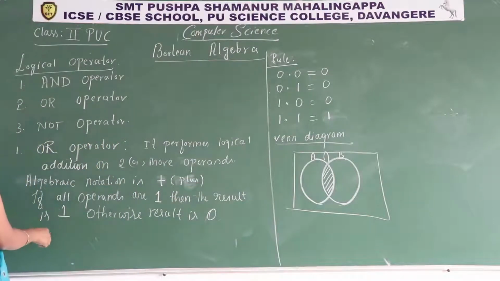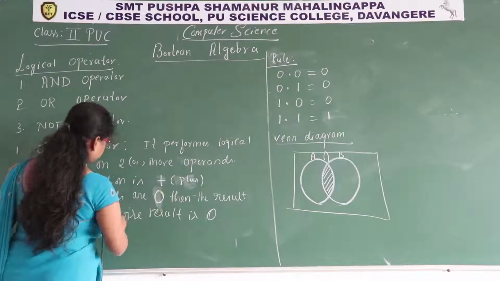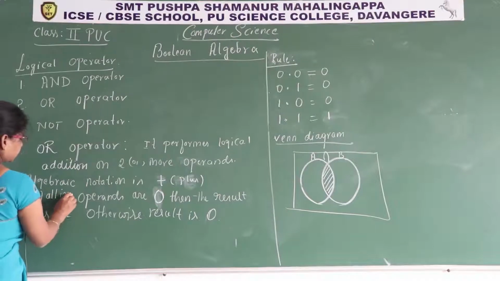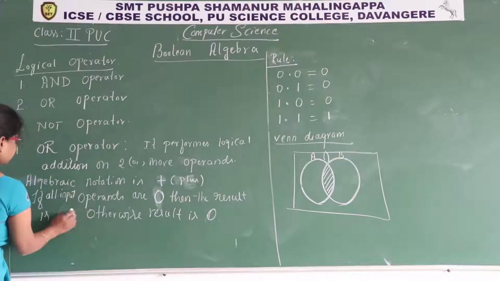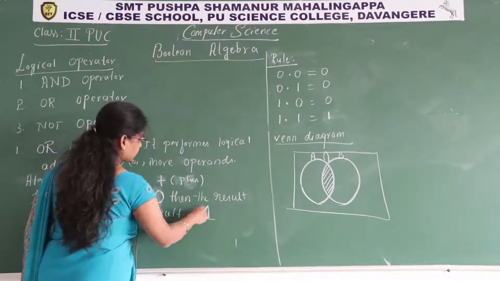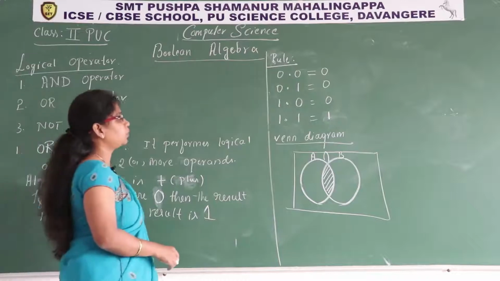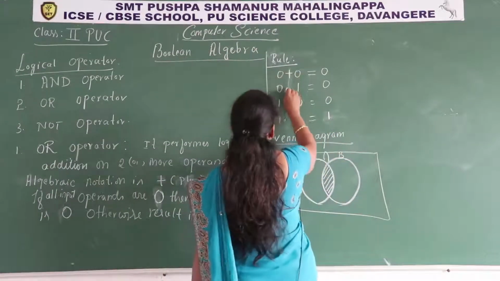If all input operands are 0, then the result is 0, otherwise the result is 1. So the rule here: if all input operands are 0, then the output is 0, otherwise the output is 1. Here, instead of dot, you must write plus.